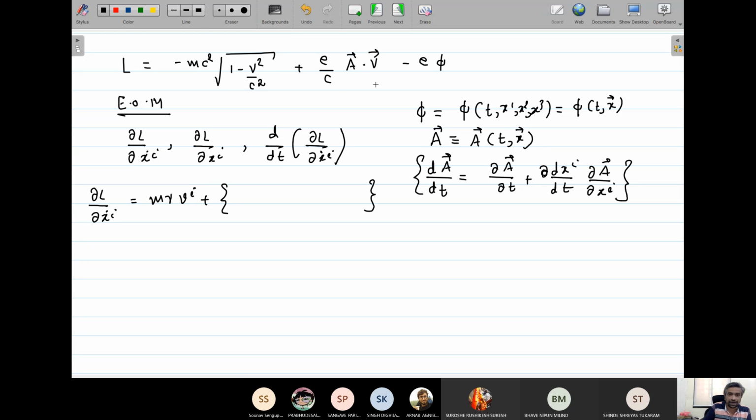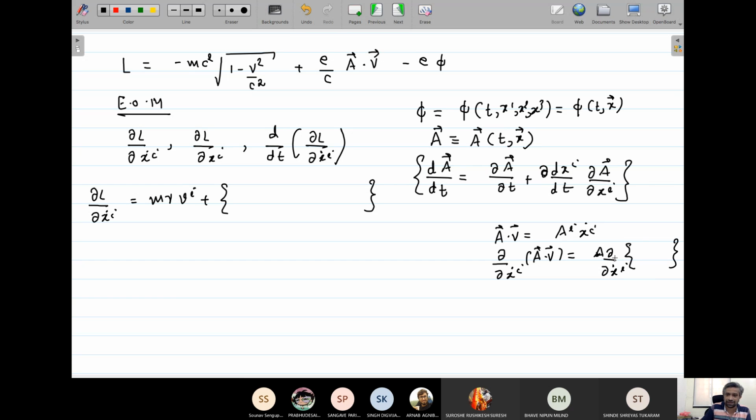A dot v is a_j x_j dot. So del x_i dot of A dot v, I'm really going slowly because this is a first-time calculation for you.